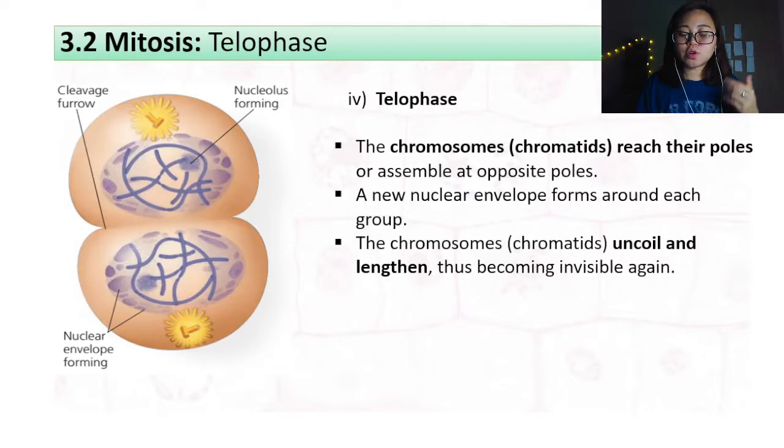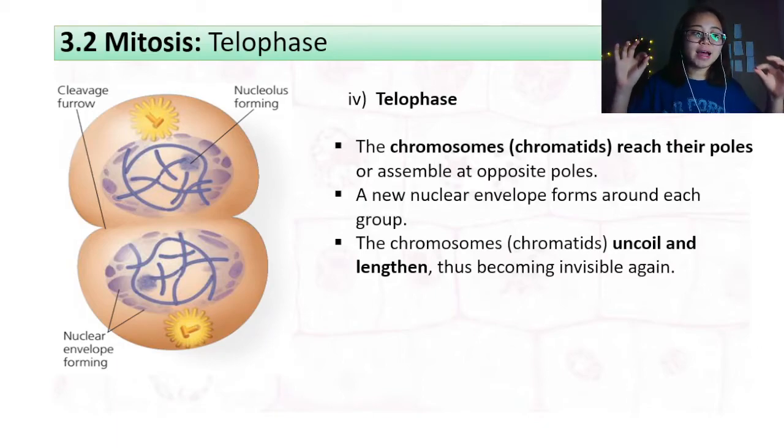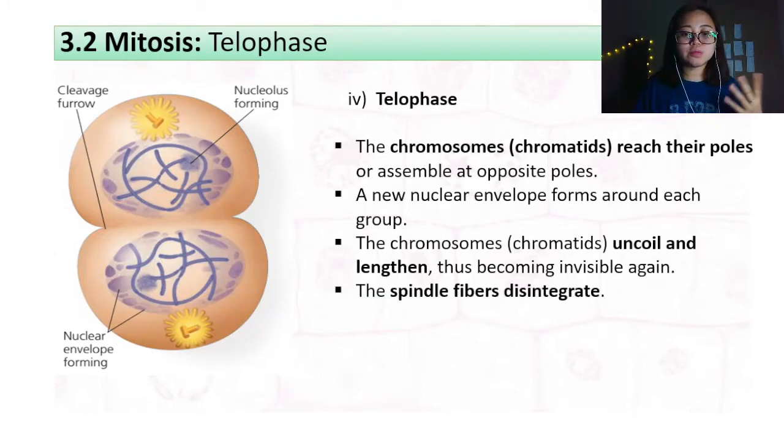The chromosomes or chromatids will uncoil and lengthen, thus becoming invisible again. Tadi dia bergulung-gulung dengan mampat, sekarang dia terburai dan menjadi halus. The spindle fibers disintegrate. Okay, spindle fiber yang ada tadi akan hancur. Ya, dia sendiri hancur.